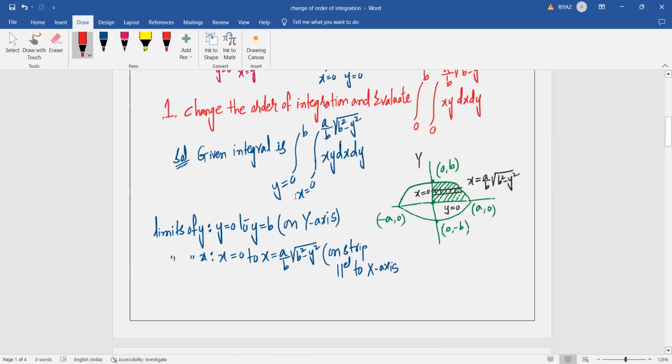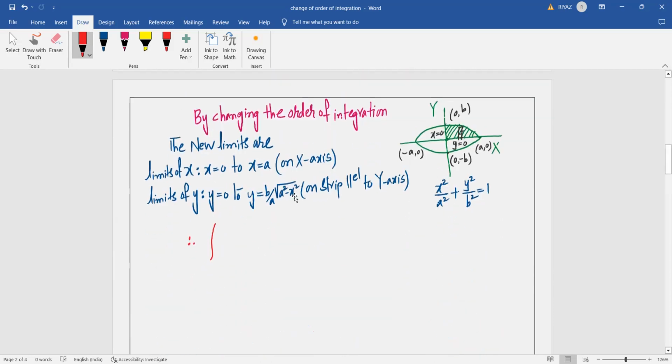Y is equal to 0 to b, और x is equal to 0 to a by b root of b square minus y square, xy dx dy. It's our question.